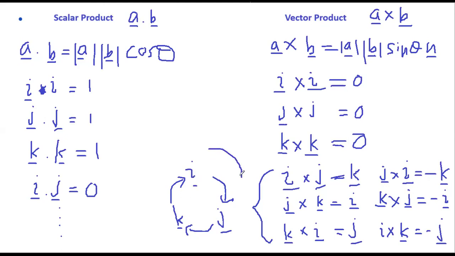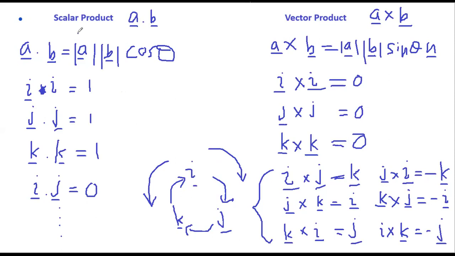If you use this direction, the result is always positive. If you use the other direction, the result is always negative. If you use I cross J, the result is the other unit vector K. If you use J cross K, the result is the other unit vector I, like that. This is the basic thing you have to know about vector product.